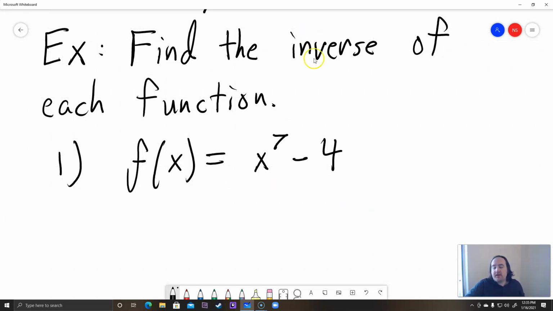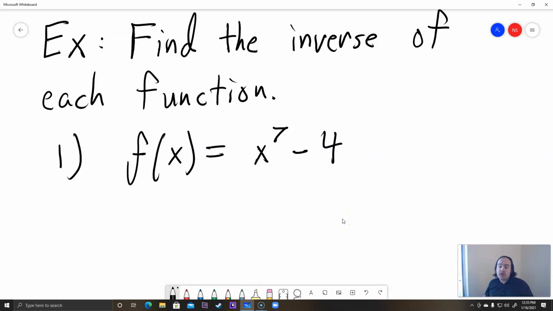But we do need to find the inverse by swapping the x and the y coordinates. Now keep in mind that f of x is the same as y. So your first step here is to replace f of x with y. So we have y equals x to the 7 minus 4.